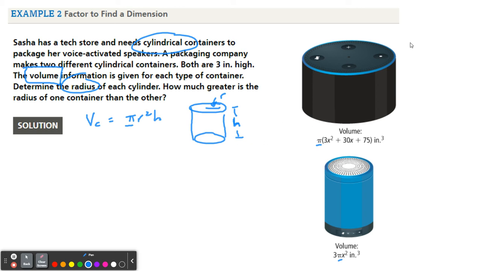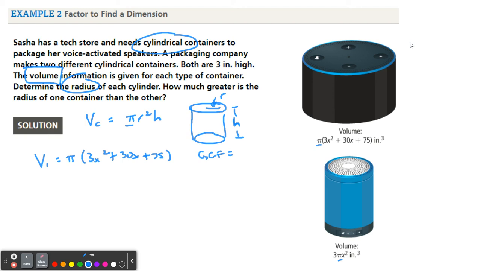Okay, so let's plug this volume into this formula. Volume 1 is equal to pi times 3x squared plus 30x plus 75. First, I have a trinomial inside this parenthesis, so I need to look for a GCF.